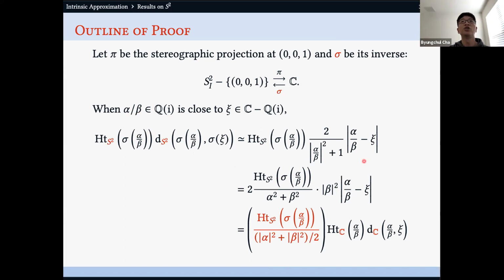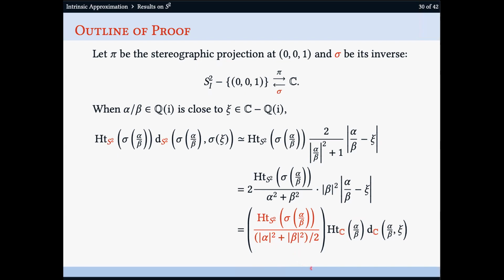If you use the Jacobian factor to calculate the distance on the sphere, and change your expressions a little bit, at the end of the day you have the height in the complex plane times the distance in the complex plane. And you have this expression: the height of the point on the sphere divided by the norm of alpha squared plus the norm of beta squared divided by 2. And you hope that these two things are the same.